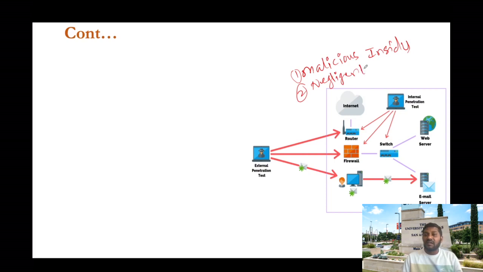These negligent insiders do not have malicious intent, but create security threats through ignorance or carelessness. And sometimes the compromised insiders are also there. The third one is the compromised insiders.